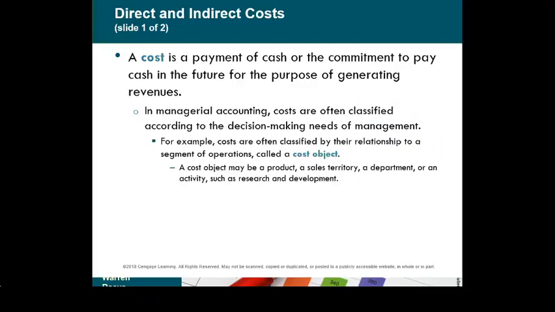So learning outcome 2 is basically focused on many different types of costs. So the first one would be direct and indirect costs. Before you can distinguish between direct and indirect costs, you need to understand what a cost is. A cost is a payment of cash or the commitment to pay cash in the future for the purpose of generating revenues.